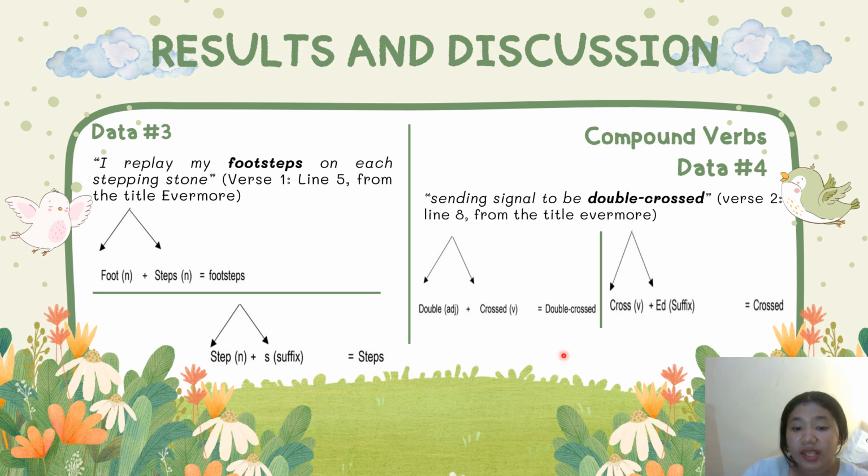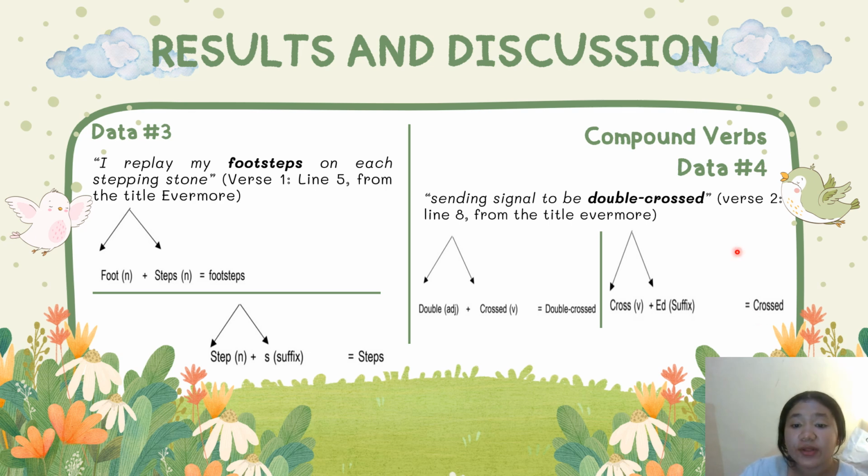The word double belongs to the lexical category of adjective and is a free morpheme, but the cross here belongs to the lexical category of verb and is a bound morpheme, where cross as the base, as we can see on the slide, this cross is a verb, became the base, and the ed is included as a suffix, then they created the word crossed, which is also included in the lexical category of verb.